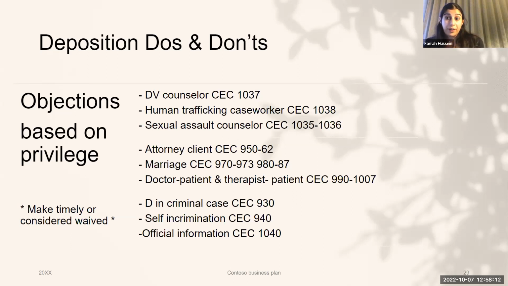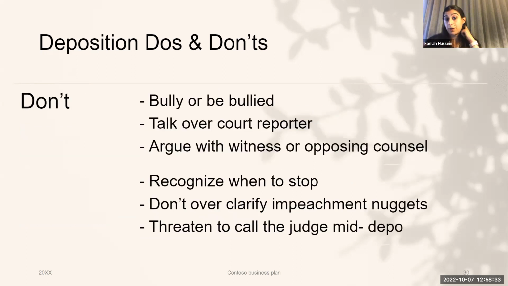There's one for therapist-patient now. And then all of those criminal law ones that we also learn about too. If you have a criminal case, if answering the question would incriminate oneself. And then there's also an official information privilege, which mainly just applies to the way that police officers learn information. But that would be a privilege you assert to instruct not to answer.